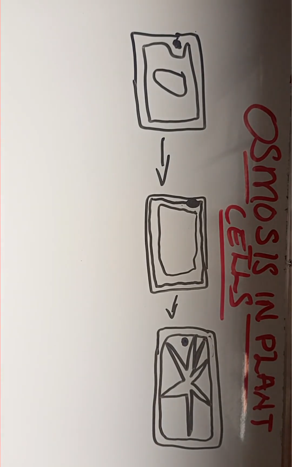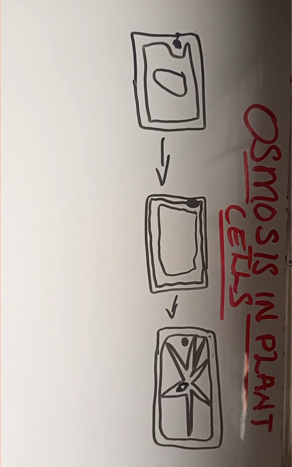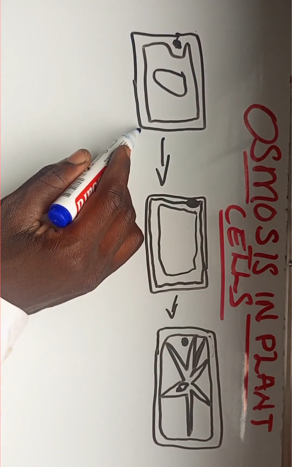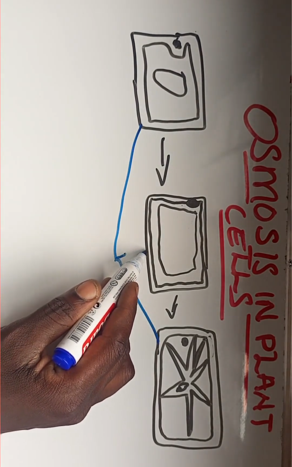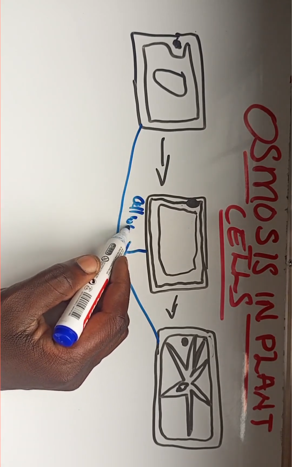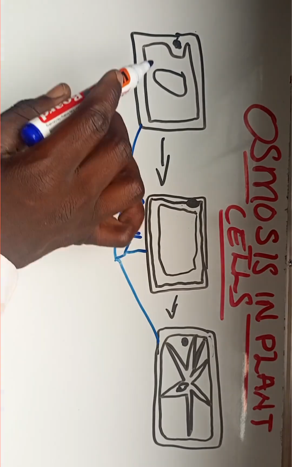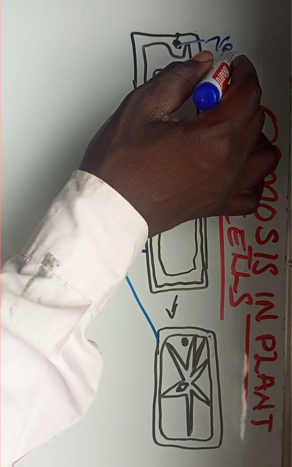So here, this is the cell wall. From there we have the nucleus.